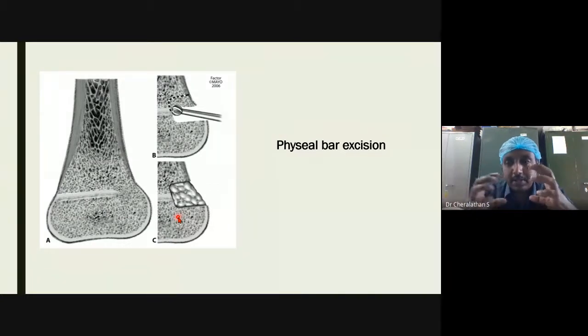All anatomical structures, including the bone, muscle, soft tissue, nerve, artery, vein, everything gets stretched. We just need to increase the limb length by doing the distraction histogenesis, right? That is an entirely different topic. If you are worried about the final height of the child being reduced, you can do a distraction osteogenesis or a distraction histogenesis, right? Right now, all we are worried about is how to correct the angular deformity.